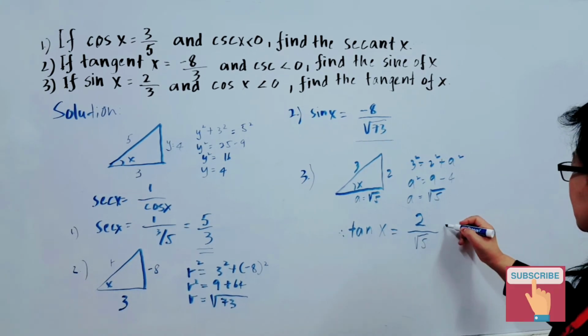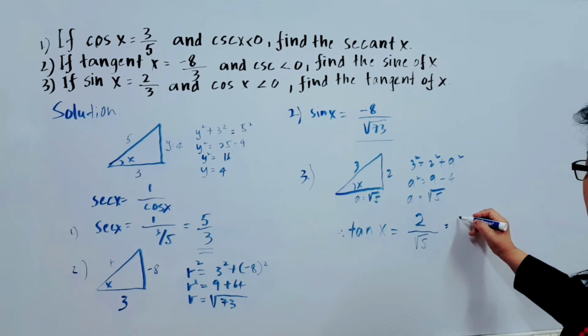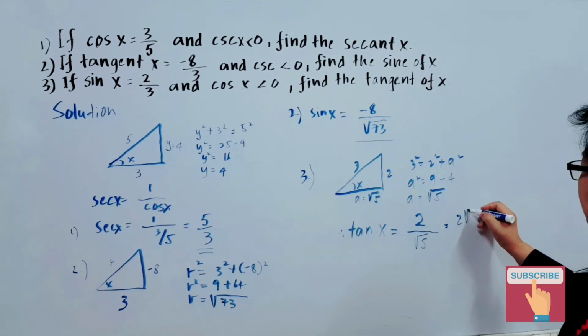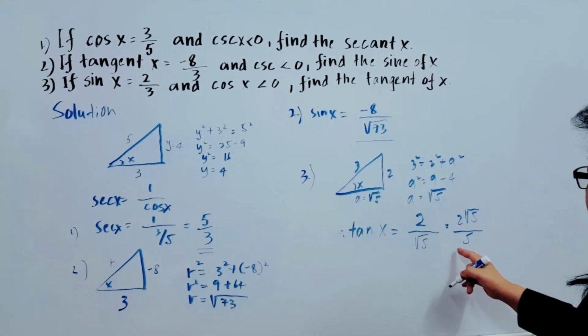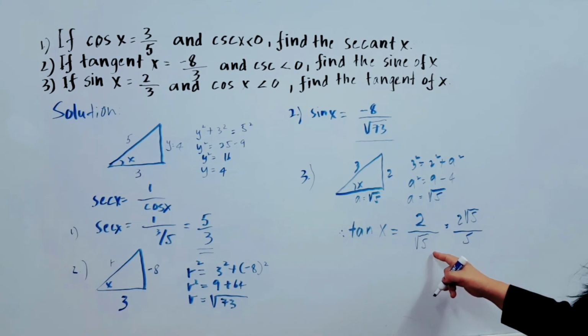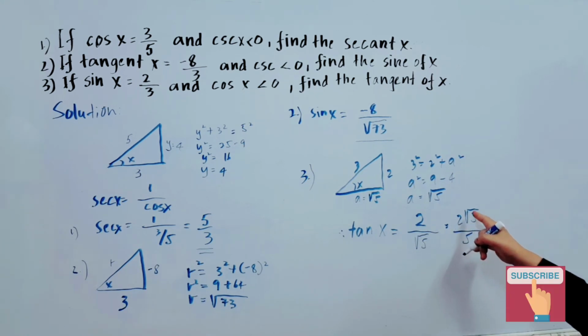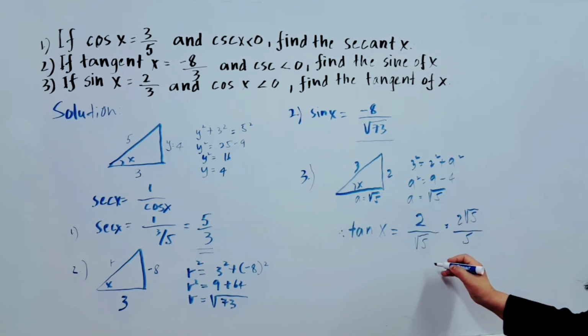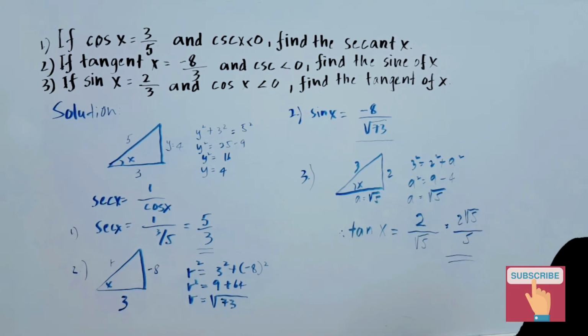Or you can multiply this one by square root of 5, and it will become 2 square root of 5 over 5, because square root of 5 times square root of 5 is equal to 5. Therefore, this can be written as 2 square root of 5 divided by 5. So this is the answer for the third question.